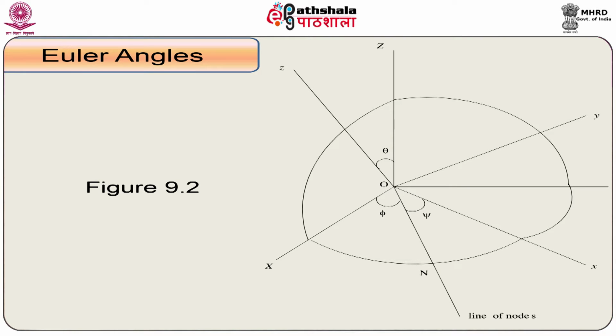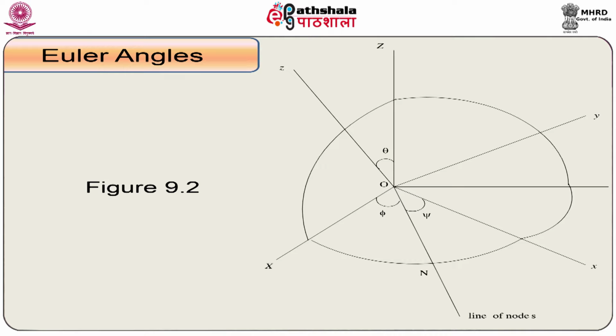Now, we shall define Euler angles. Please go through figure 9.2. This is the line of nodes. Small ox, small oy and small oz are the body set of axes, whereas capital Ox, capital Oy, capital Oz are fixed set of axes.